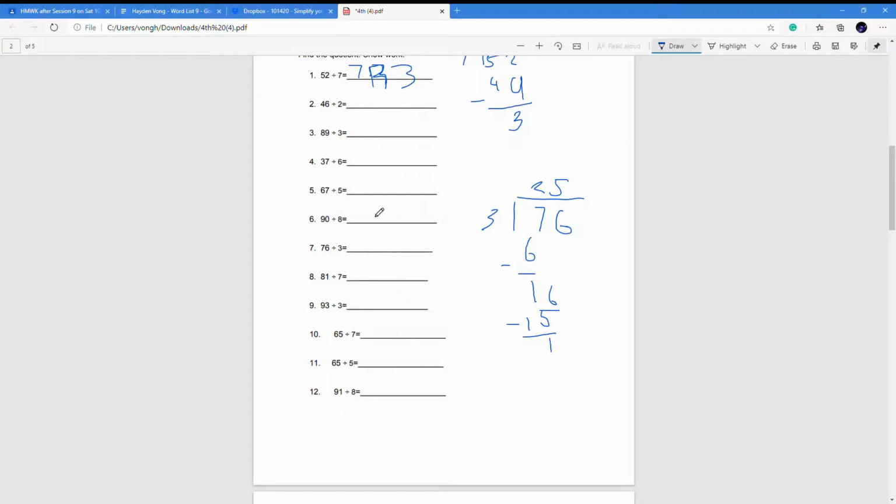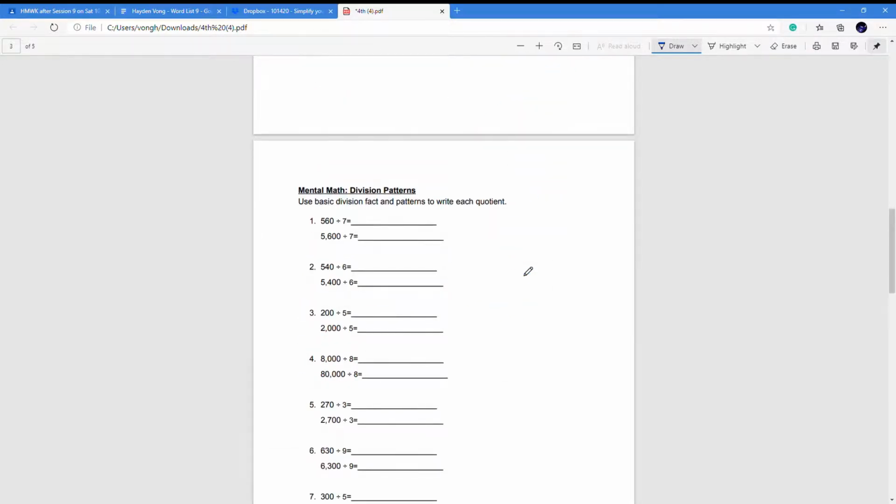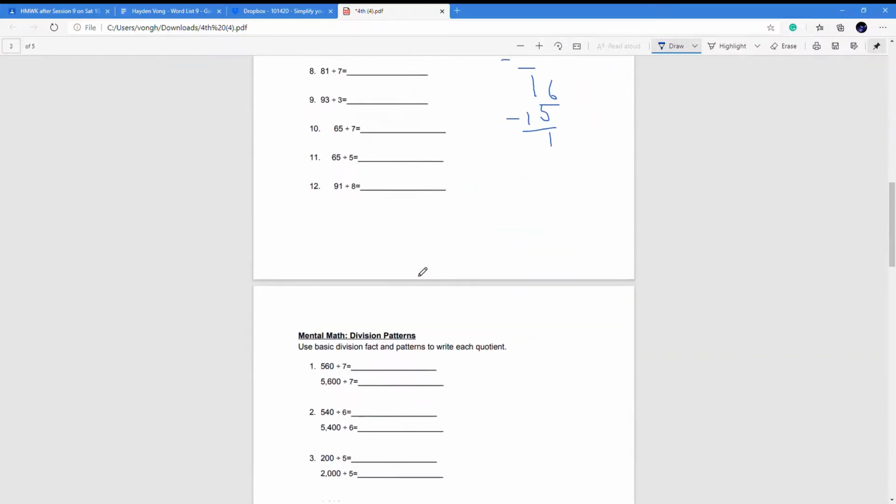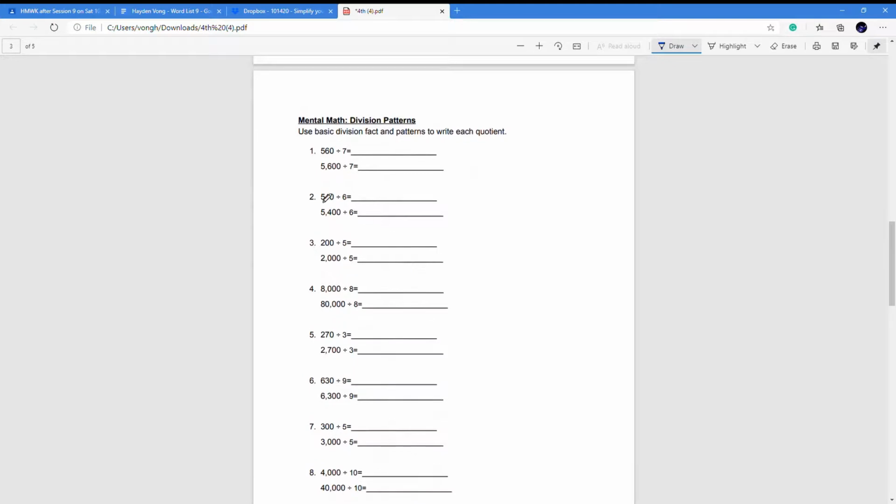So your answer is 25, remainder 1. Right? Okay, so that's how you do division. Pretty simple. Okay, now it's mental math.